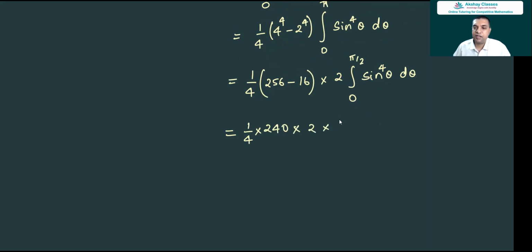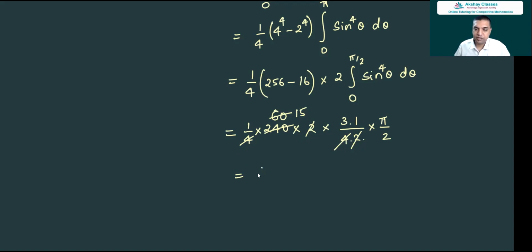Now Wallis formula, this will be 3 into 1 by 4 into 2 into pi by 2 because it's an even power. So 4, 6 are 24, so 60. Now 2 cancels, 4 15s, 4 15 times 60.